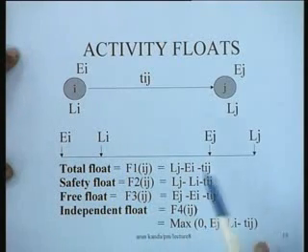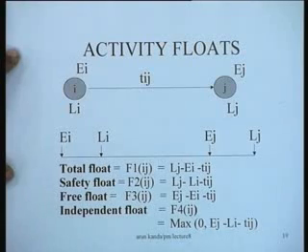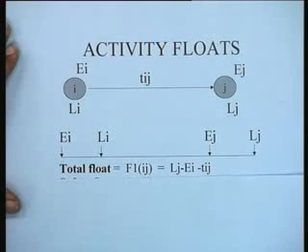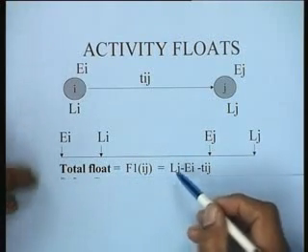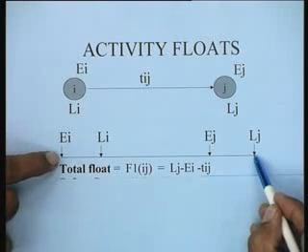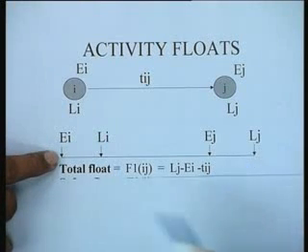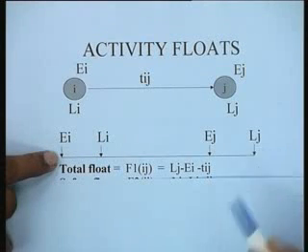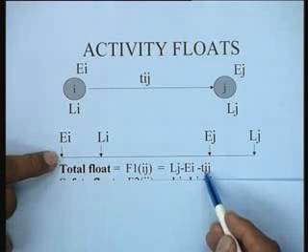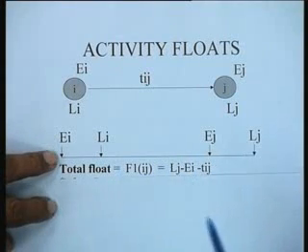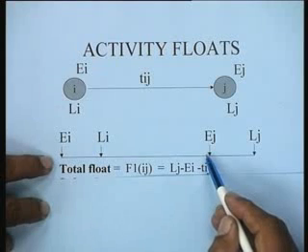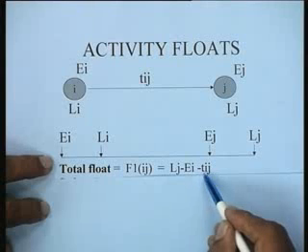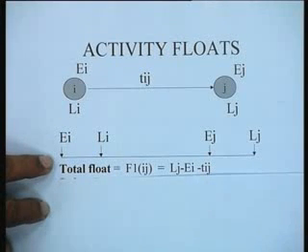The total float for an activity, let's talk about the total float first. The total float of the activity is defined as Lj minus Ei minus Tij. So it means that you are getting the maximum time duration for performing the activity, Lj minus Ei, and this is the maximum possible flexibility that can be given as far as activity Ij is concerned, and this quantity so computed is defined as the total float.